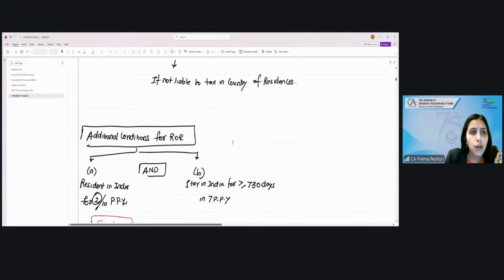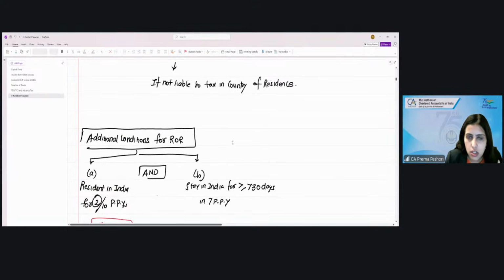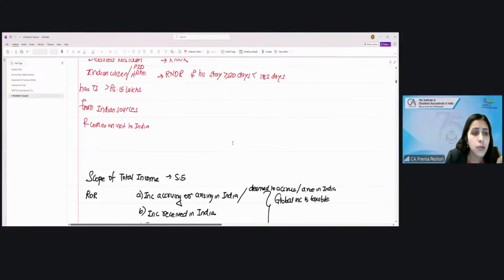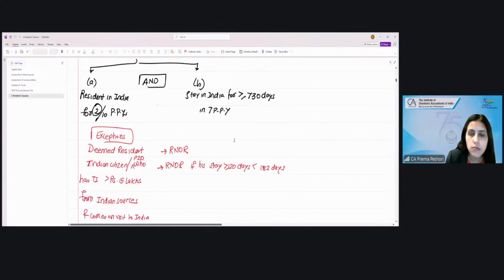Fine. Now, once a person is a resident, you need to see whether he is a resident and ordinary resident or a resident and not ordinary resident. What is the difference between ROR and RNOR?